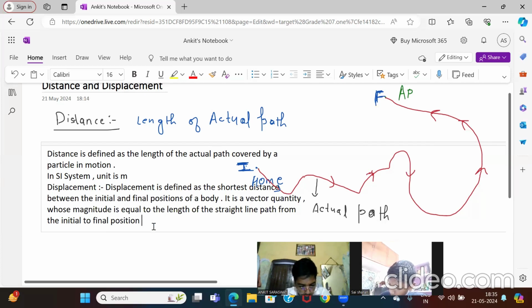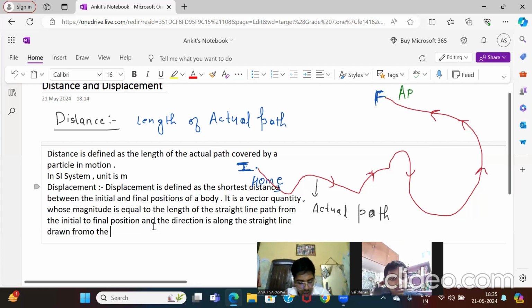Very important, initial to final position, and the direction is along the straight line drawn from the initial to the final position. And direction is initial to the final position. Clear?